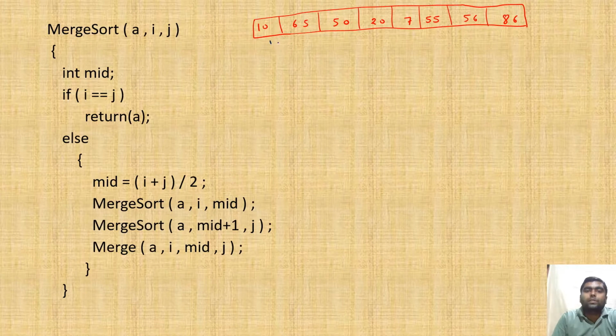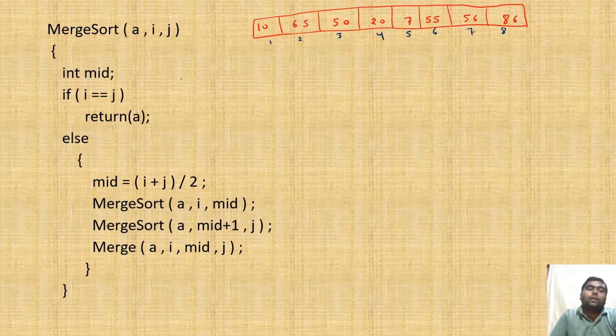Let us suppose the index starts from 1; it may be from 0 if you are actually implementing this particular algorithm in some programming languages like C and C++. So the indexes are 1, 2, 3, 4, 5, 6, 7 and 8.